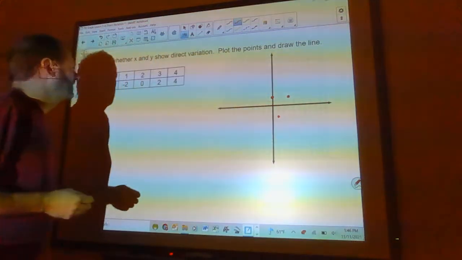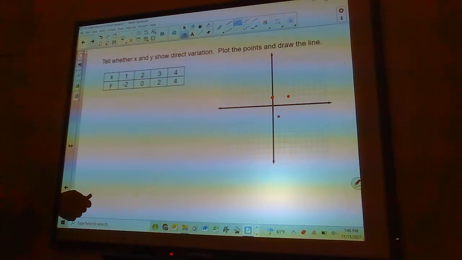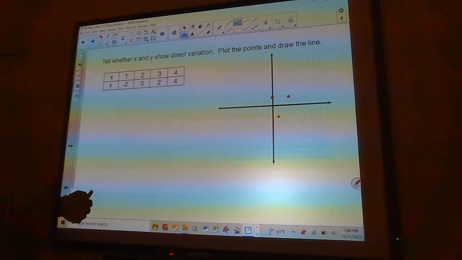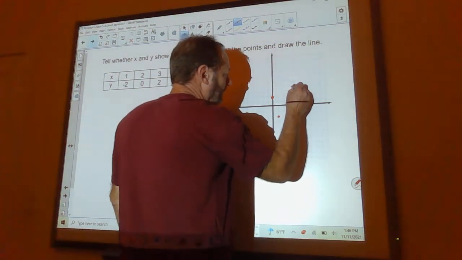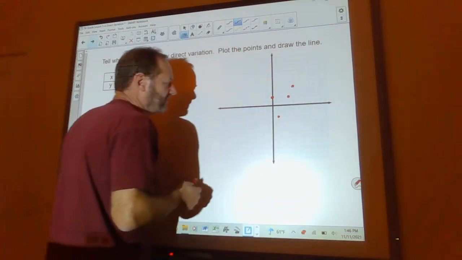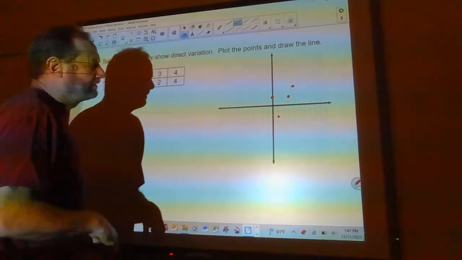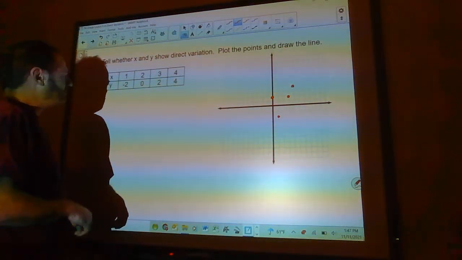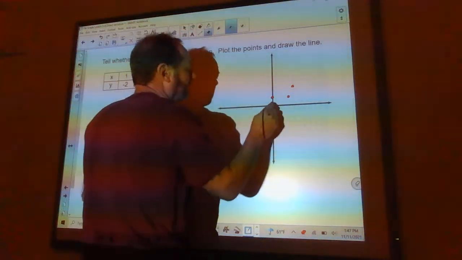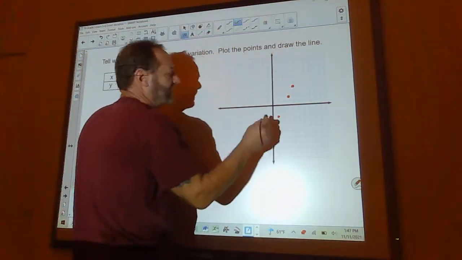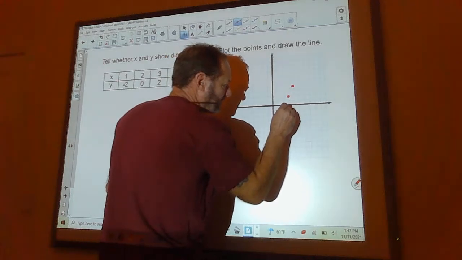It's not even a straight line. 4, 4. Okay, so this is not a straight line. Oh, this is 2, 0, not 0, 2. Okay, sorry, I kept looking at this thinking that doesn't make any sense. 2, 0.